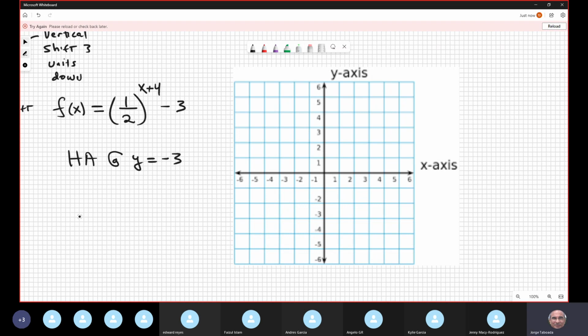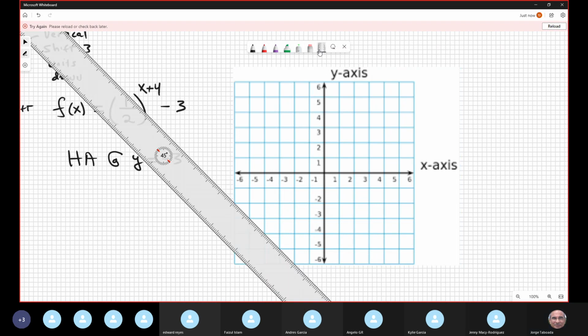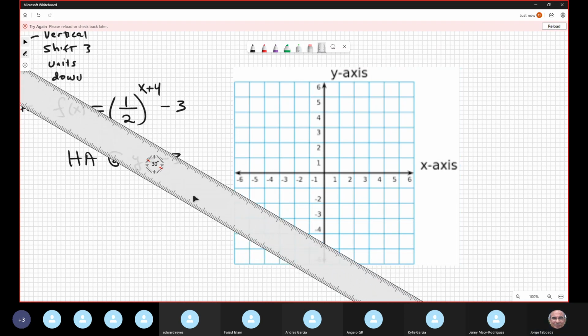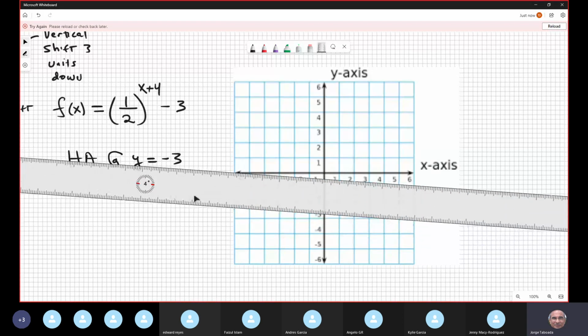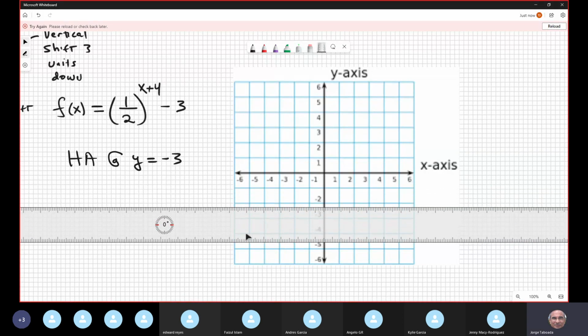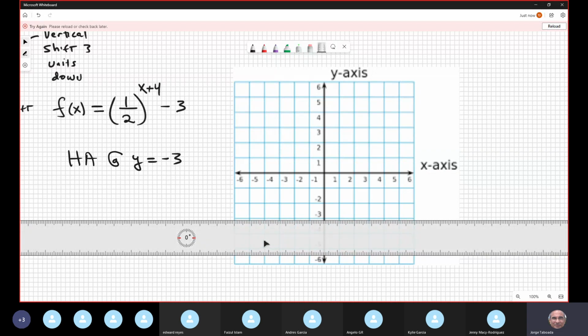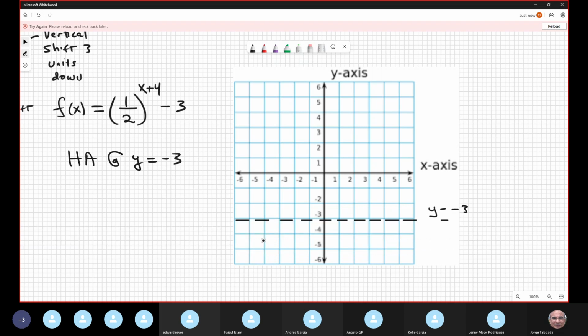So normally we have the horizontal asymptote at 0, here at minus 3. This is the horizontal asymptote.